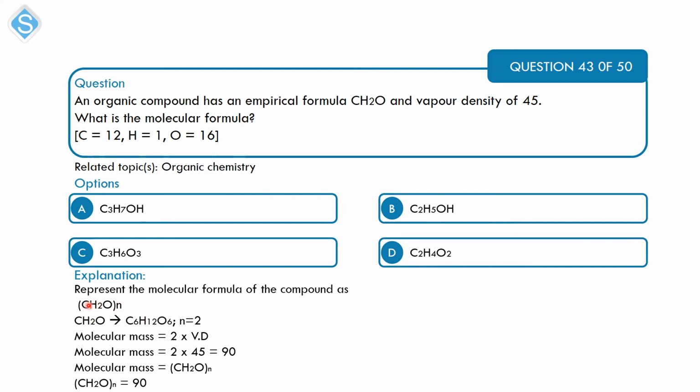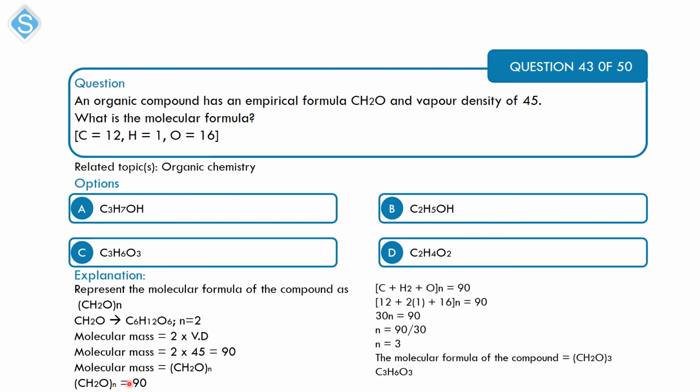And so what we need to do in this question is to find that factor n that we're using to multiply here. Now, the molecular mass is also equal to 2 times the vapor density, and the vapor density here is given as 45, so you have 2 times 45, and that is 90. Now what we are going to do is equate the molecular mass of this compound, that is CH2O, with n, equate it to this molecular mass here, that's 90.